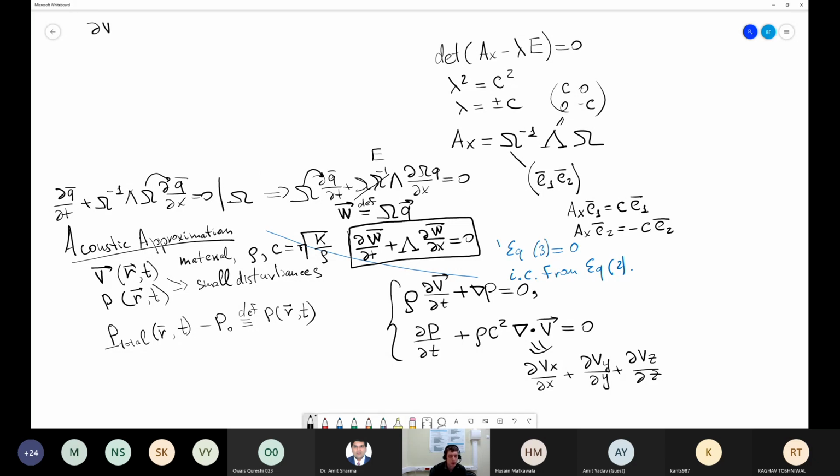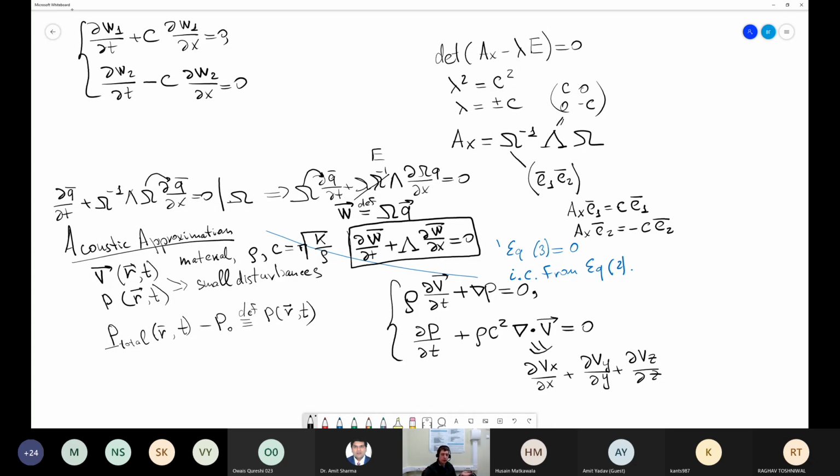So dw1 over dt plus c multiplied by dw1 over dx is equal to 0. And the second component, dw2 over dt minus c, we have minus c on the diagonal, dw2 over dx is equal to 0.